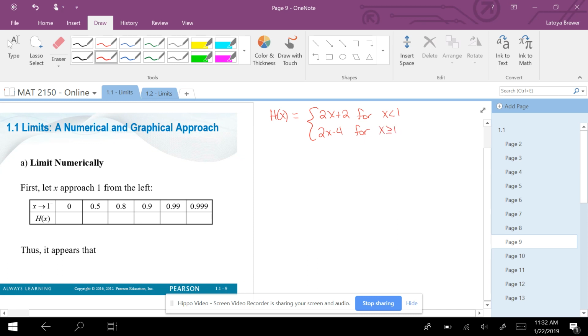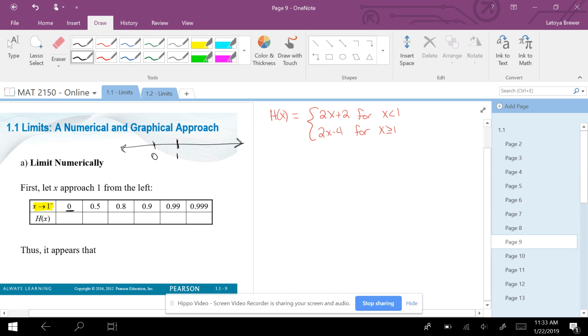Okay, we want to find the limit as x approaches 1 from the left. I highlighted that in yellow. So if you imagine your number line, and we're approaching 1, well, to the left of 1, I have 0. So they're starting at 0, and they're going to gradually get closer to 1.